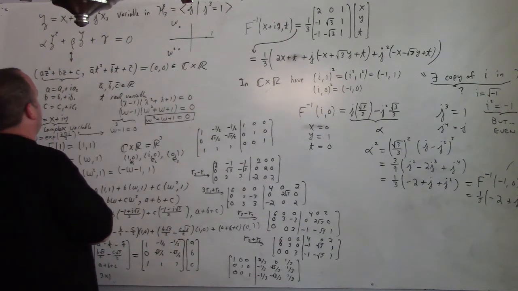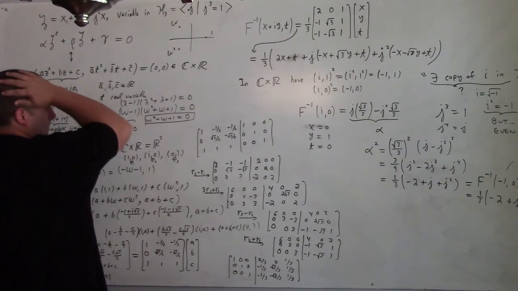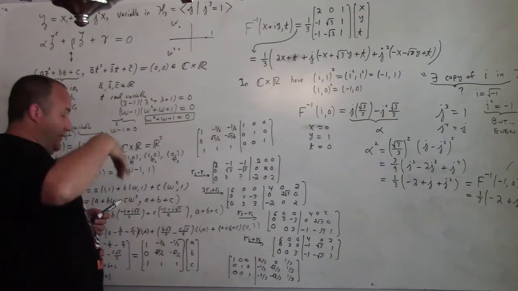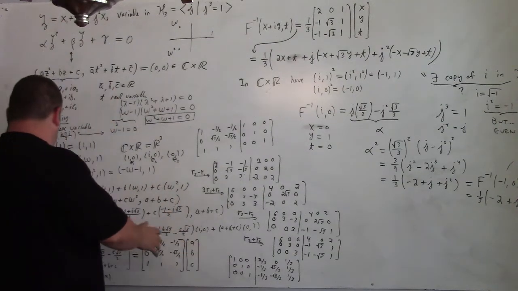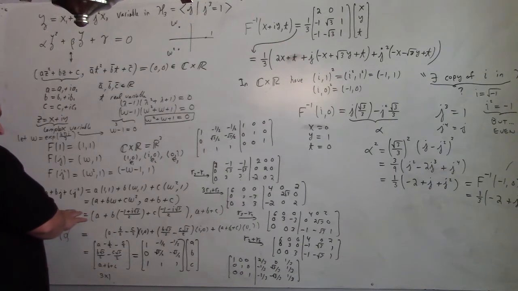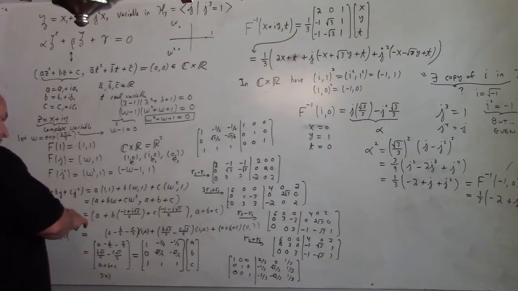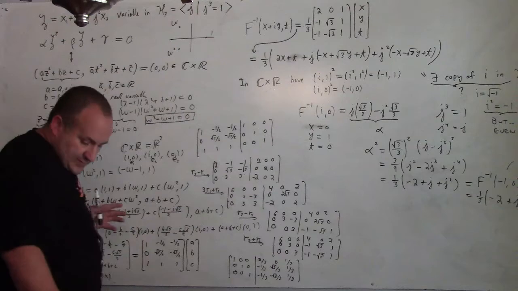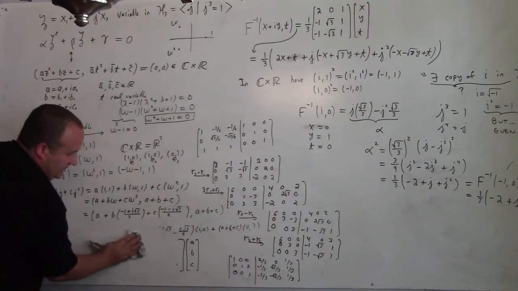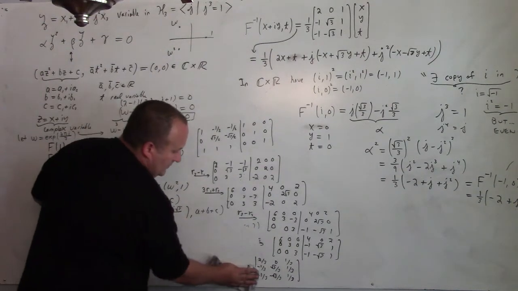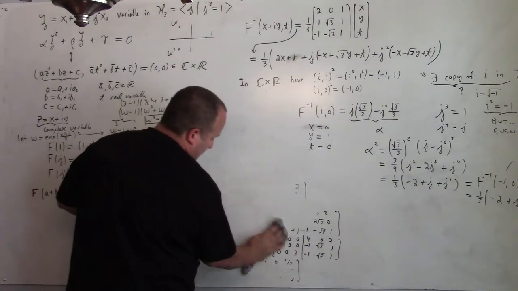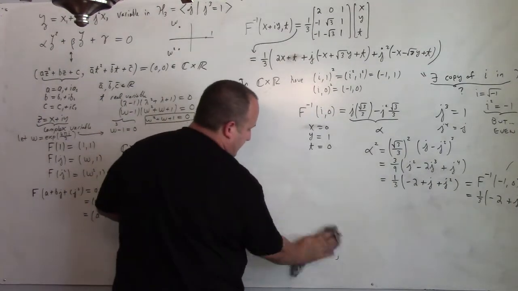I'm going to erase the things that I can erase. You can erase everything if you want. I think I might want this formula here, so I'll just save that. We don't need the matrix arithmetic anymore. In C cross R, you need... So let's bring to bear the things we've worked out on this problem.